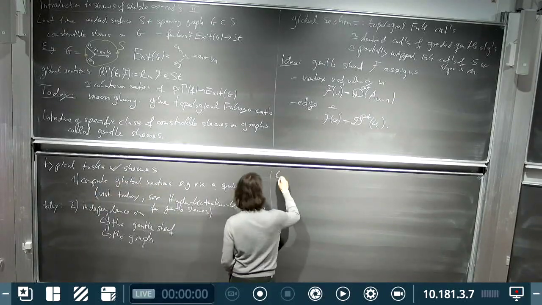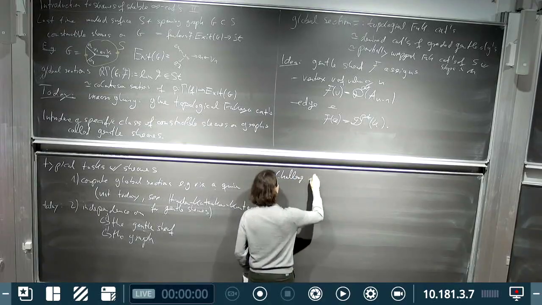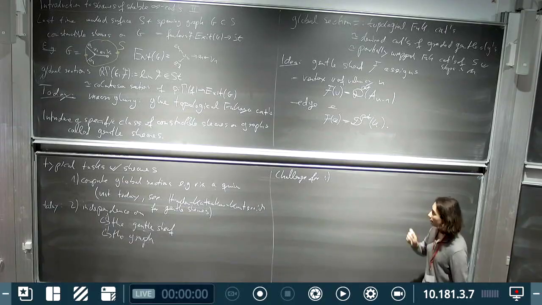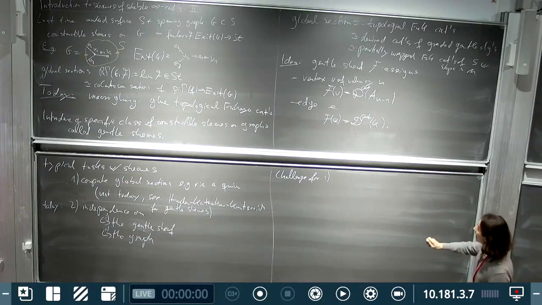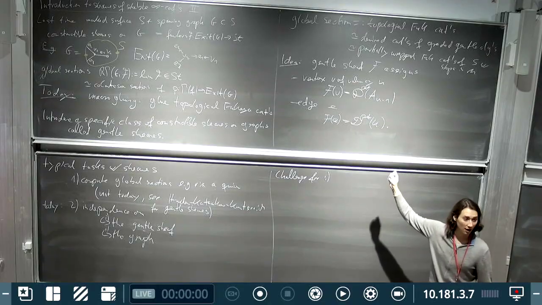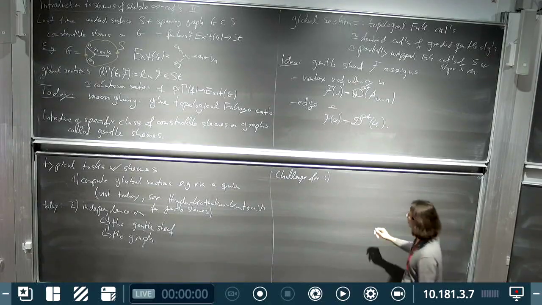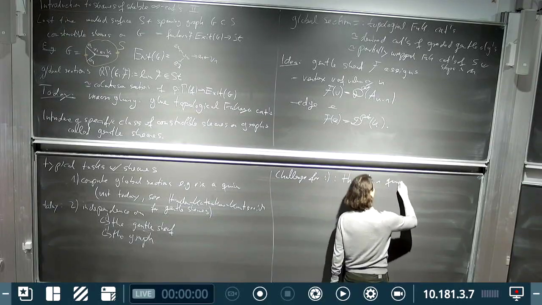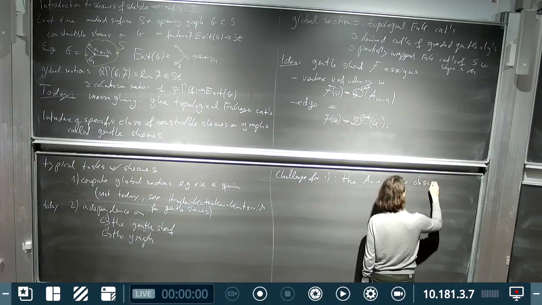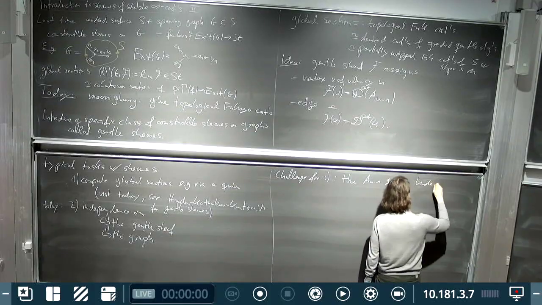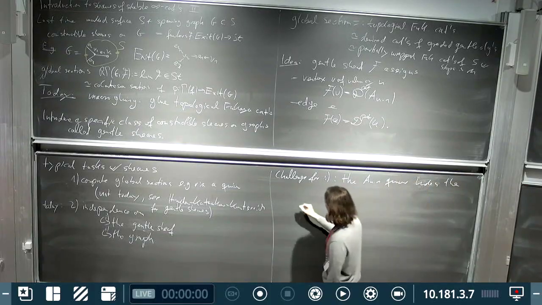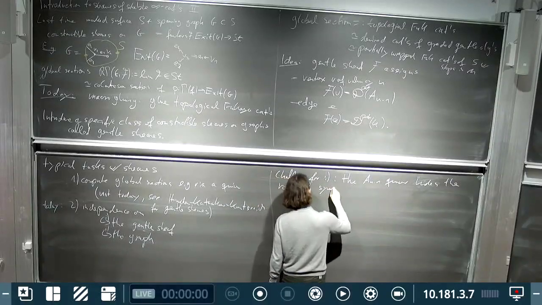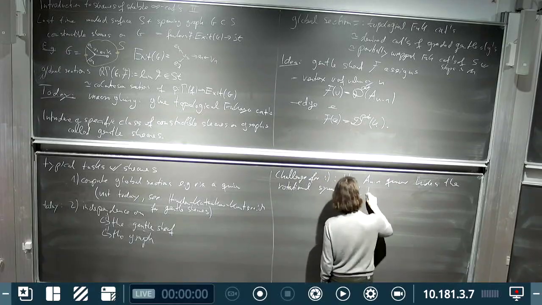So the challenge for I, which I think is the main challenge, and this is what we'll focus on starting now, is that if you look at the AN quiver, it doesn't have a rotational symmetry. So the AN-1 quiver obscures, or hides maybe, the rotational symmetry of the n-gon.